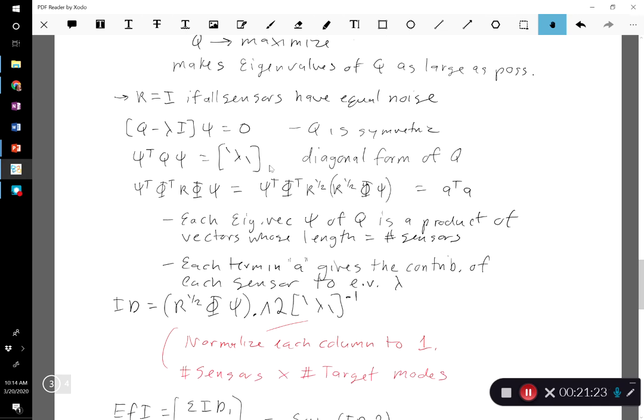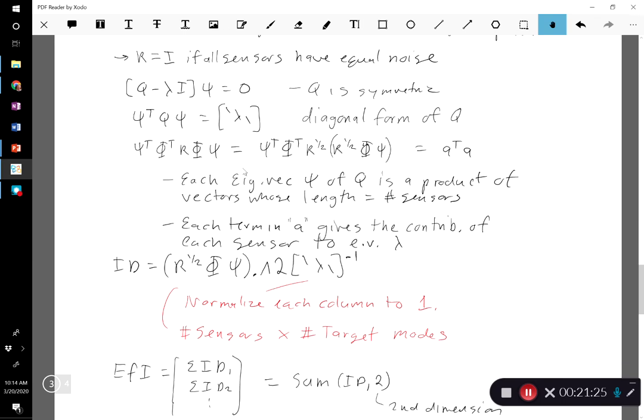So the last further detail is that the diagonalized version of Q, we can plug in Q as phi transpose R phi, and basically we end up with two vectors that are transposed and multiplied together to give us each eigenvalue. And each of those vectors has a length of the number of sensors.